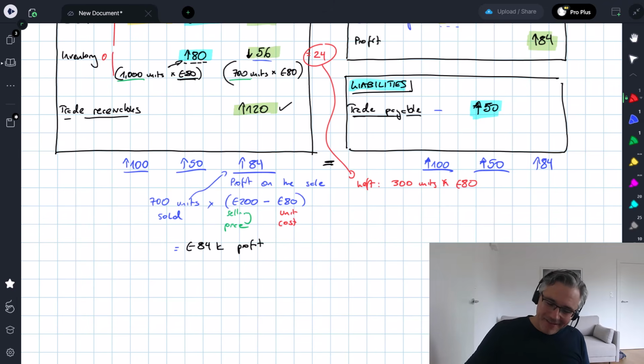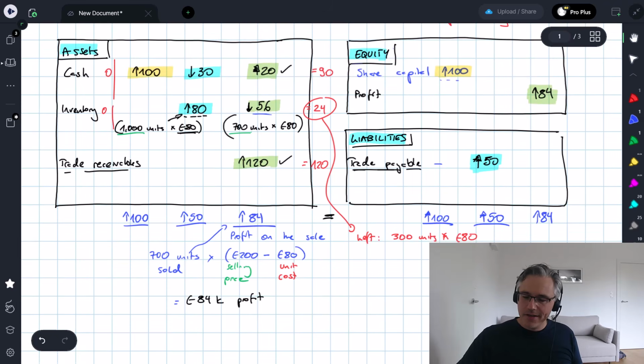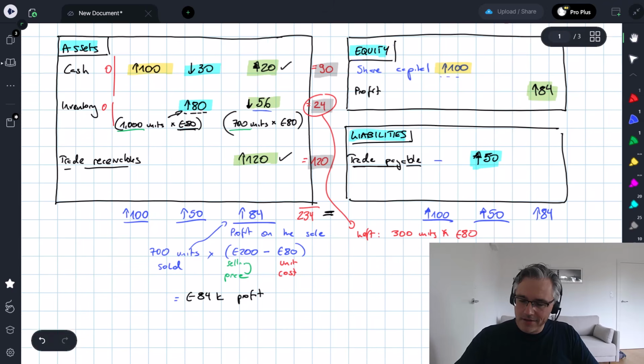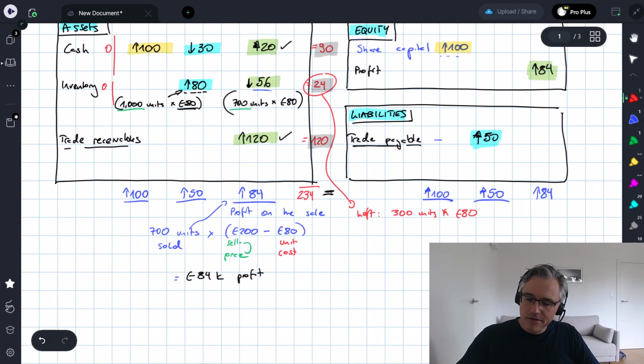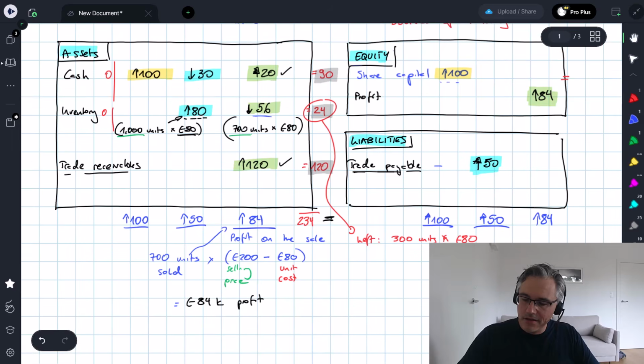Okay. Now, over here with trade receivables, we just had one inflow of 120. So let's just quickly have a look. The first item, 90. 120, that's already 210, and another 24. That's a total of 234, and let's just quickly check whether the same totals appear on the other side. 100 for the share capital contributed, 84 for the profit.